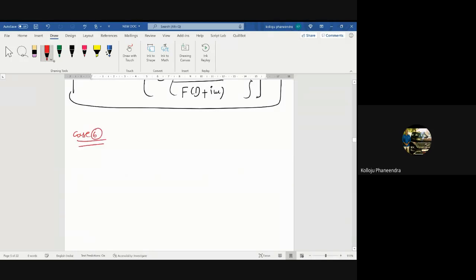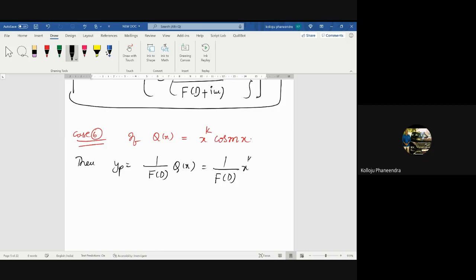Case 6. If q of x is x power k into cosine mx, then yp equals 1 by f of D into q of x, that is 1 by f of D into x to the power of k cosine mx.